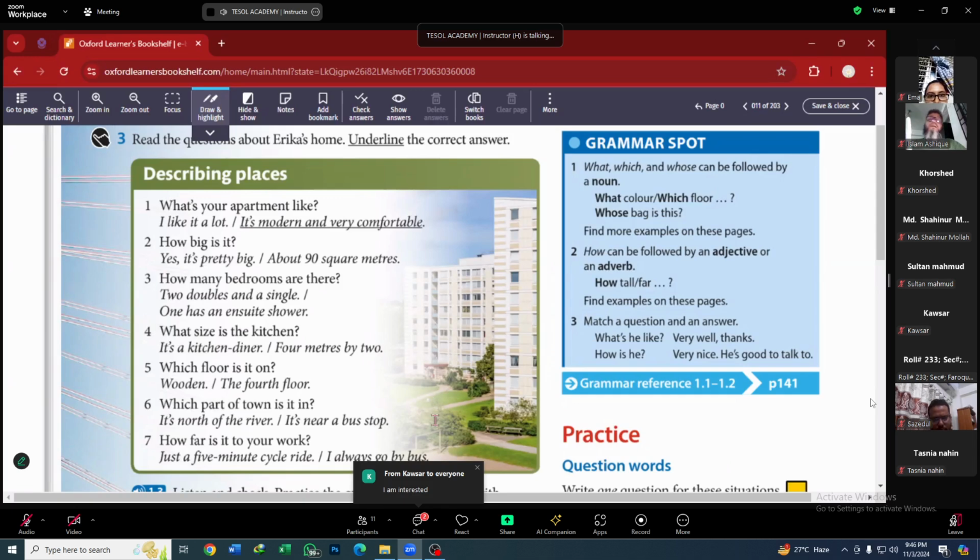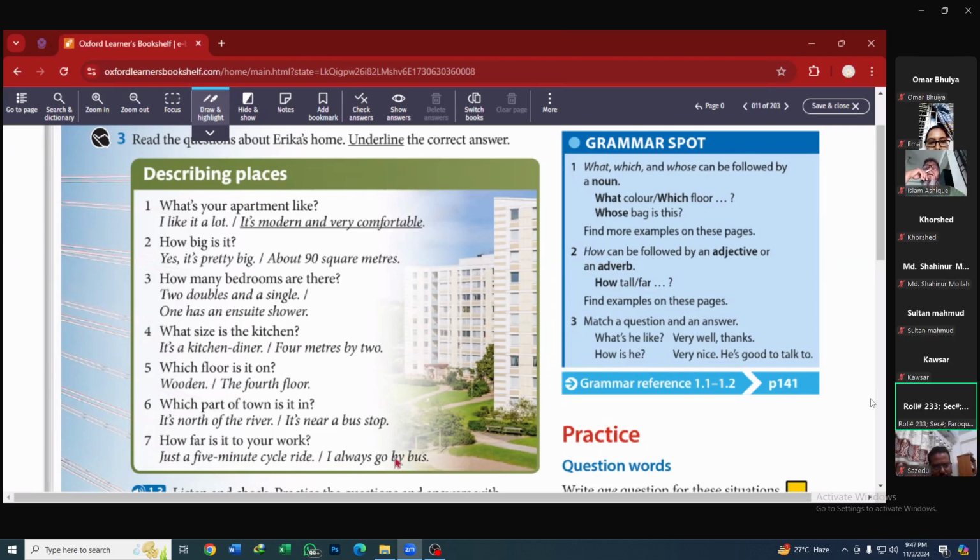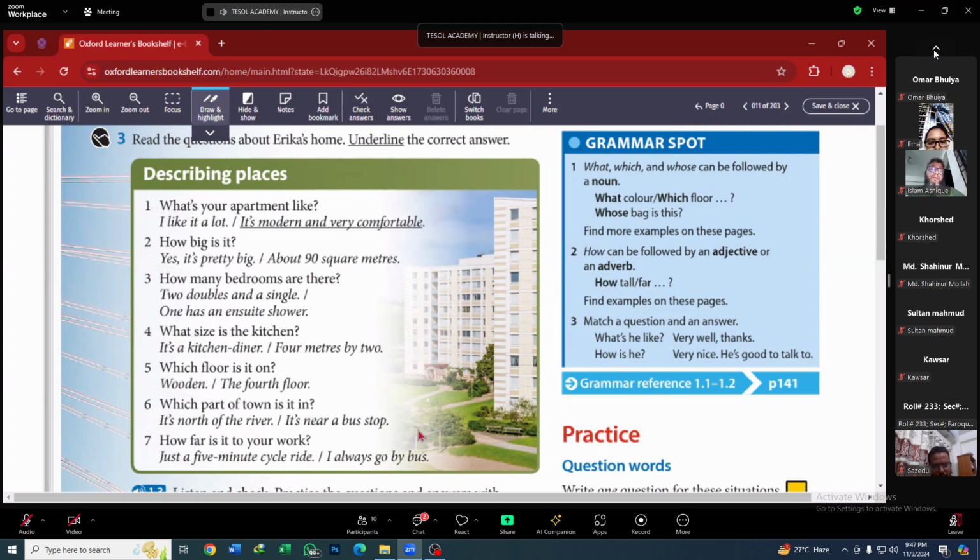Great. Number 4, what size is the kitchen? 4 meters by 2. Number 5, which floor is it on? The 4th floor. Very good. Number 6, which part of town is it in? It's north of the river. Very good. Number 7, how far is it to your work? Just a 5-minute cycle ride. Very good. Excellent work, Mr. Farooq. Thank you so much.